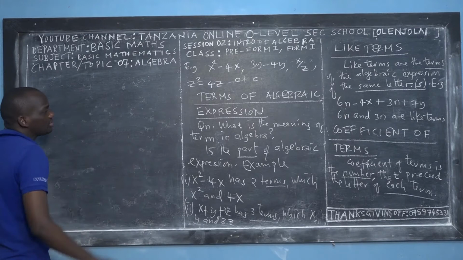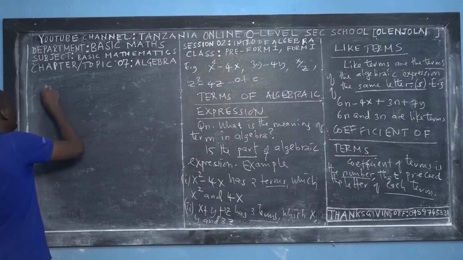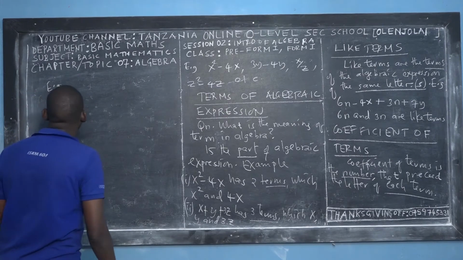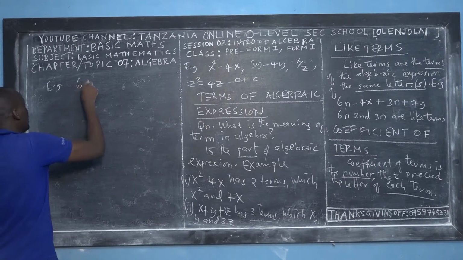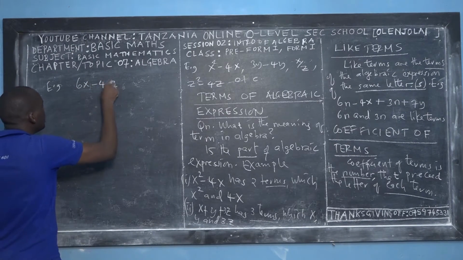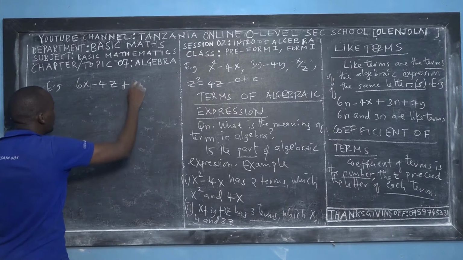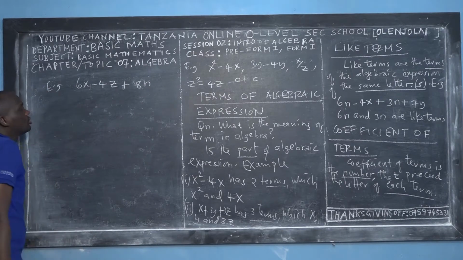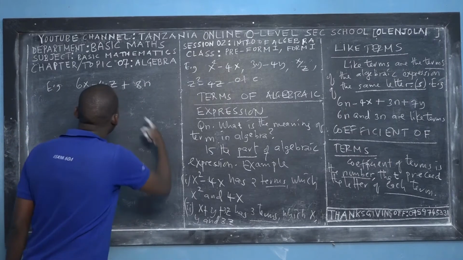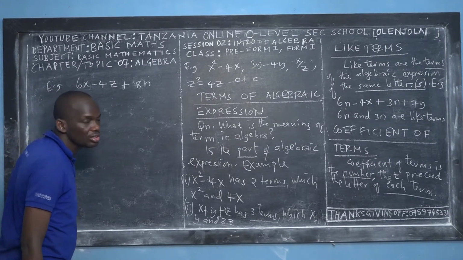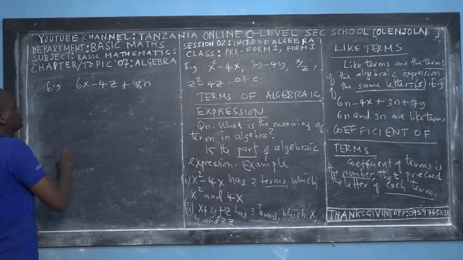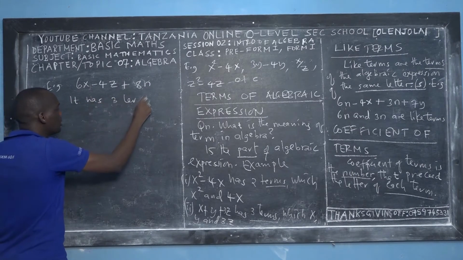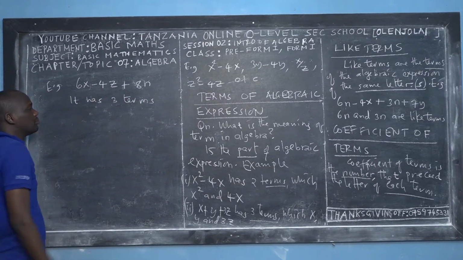So for example, we have 6x minus 4z plus 8n, right? So this is an algebraic expression. How many terms does it have? First term, second term, third term, right?